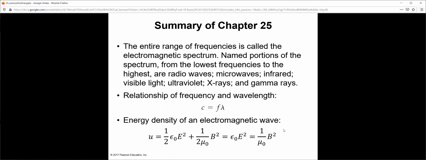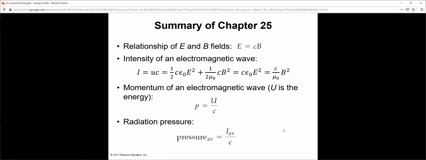There are different spectrums. We have categorized the EM spectrum into radio, micro, infrared, visible, ultraviolet, X-ray, and gamma ray. You can subdivide those further depending on what you do with the EM spectrum. You can determine energy densities of EM waves, considering essentially the potential energy of electric and magnetic fields, something we've talked about in class already.